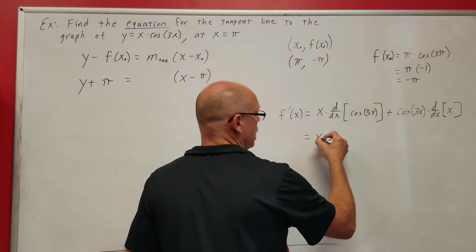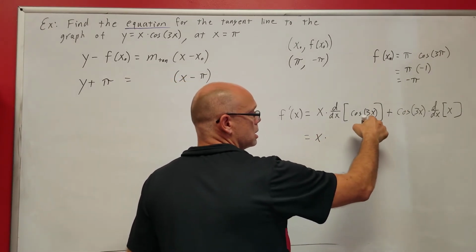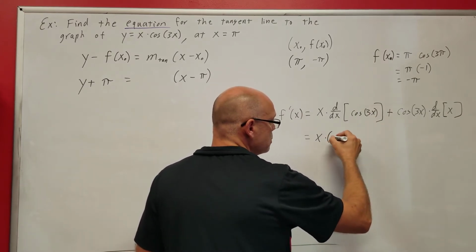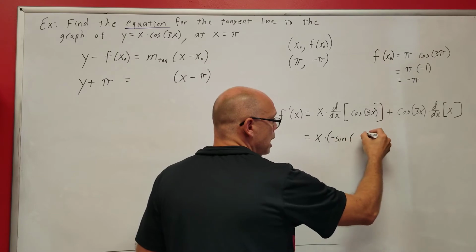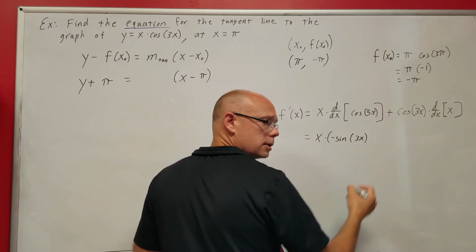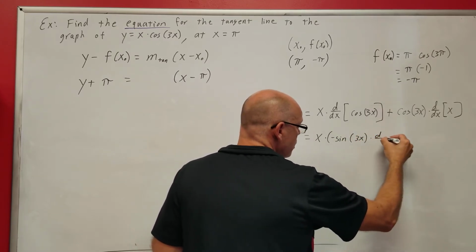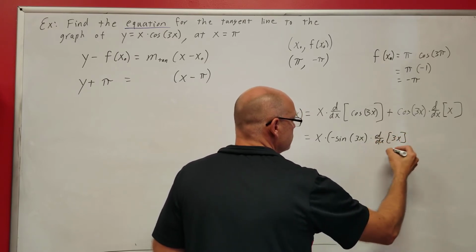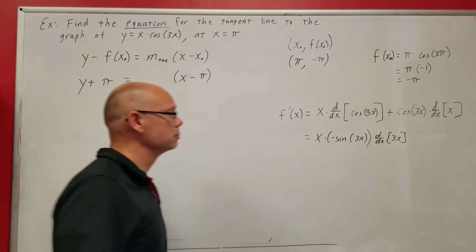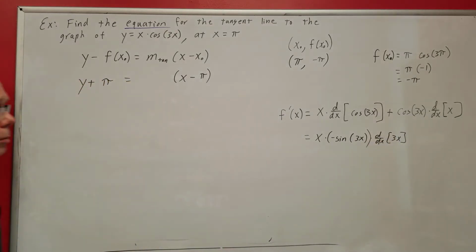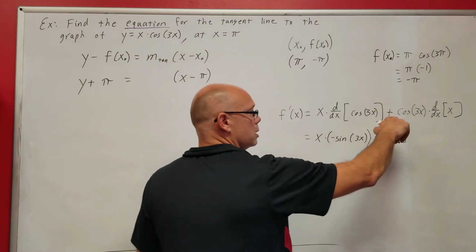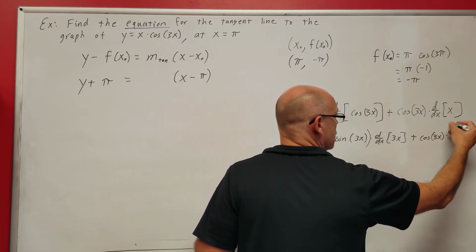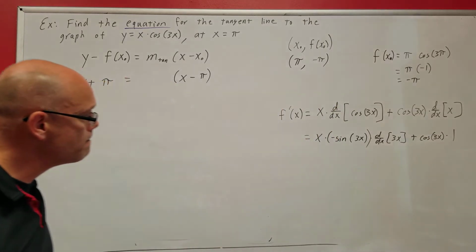Let's bring this down. X times, this is an application of the chain rule right here. The derivative of the outside is what? Negative sine at the inside, at 3x, times the derivative of the inside, the derivative of 3x. Plus cosine of 3x times the derivative of x, which is 1.